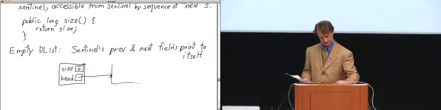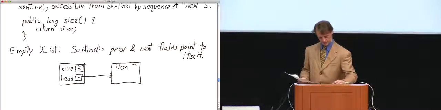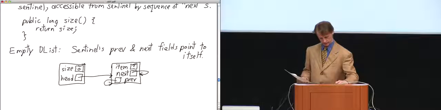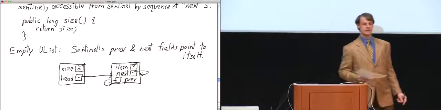That's the list, the dlist object, and there's one dlist node object whose item really doesn't matter because we never use it, and whose next field points to itself, and whose prev field points to itself. That's an empty dlist.